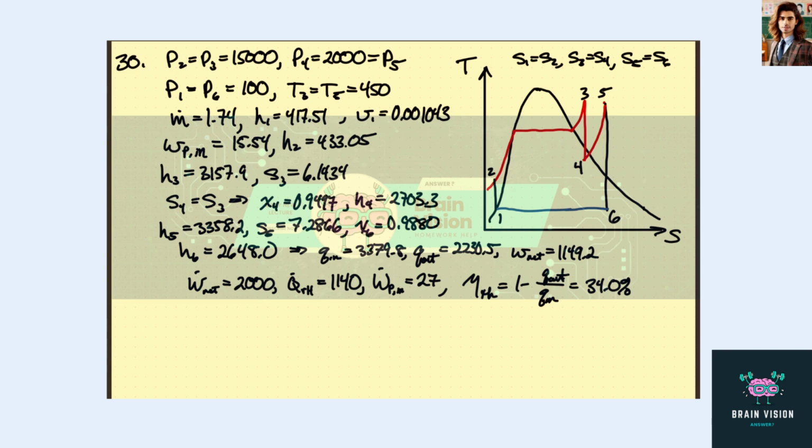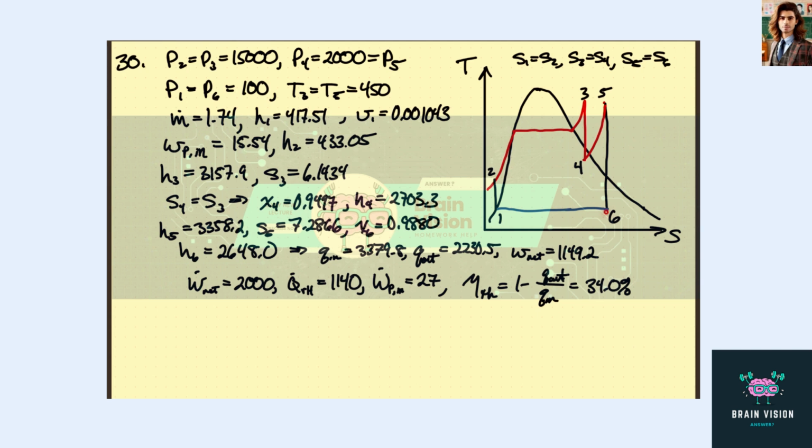We can also get the entropy at 5, which it looks like I didn't write down, but it's here, because the entropy at 5 is the same as the entropy at 6. This is 5 and 6 because, again, we have an isentropic process there. Now at 6 we have the entropy and we have the pressure, so we can find the quality is about 98.8%.